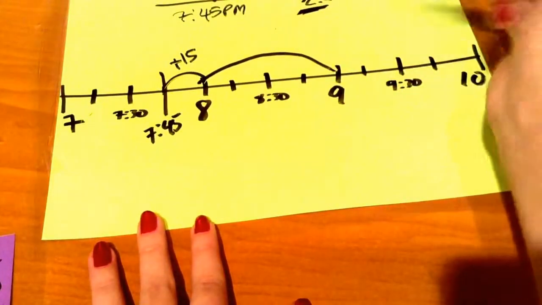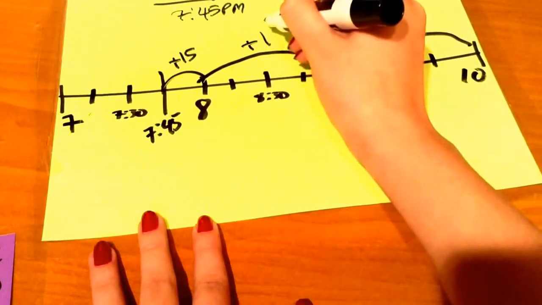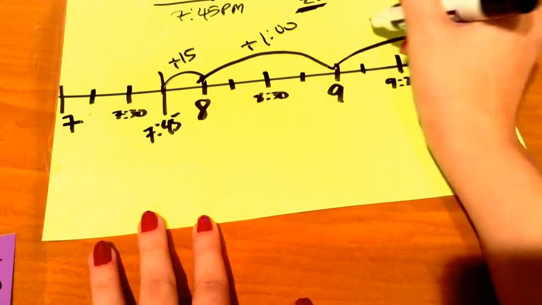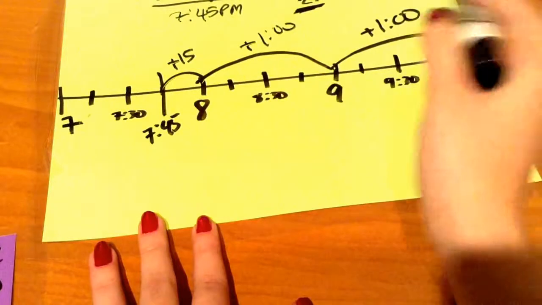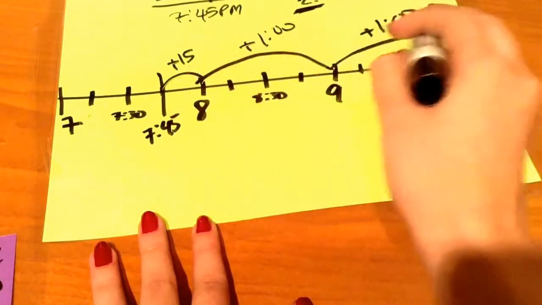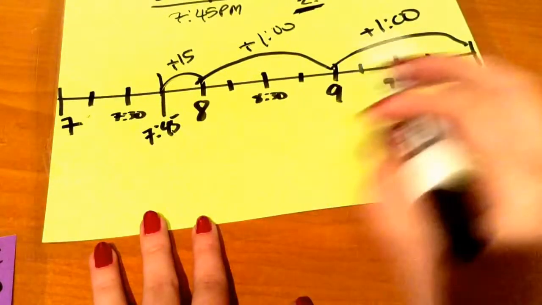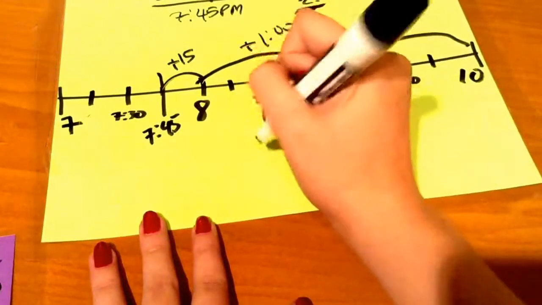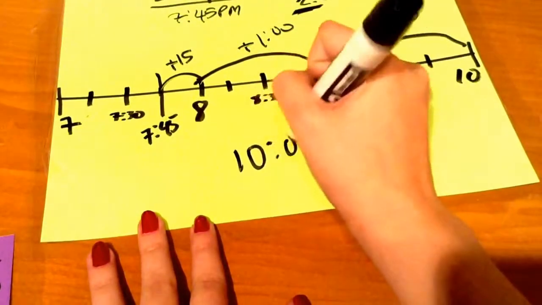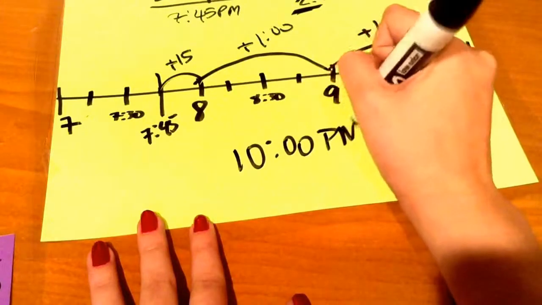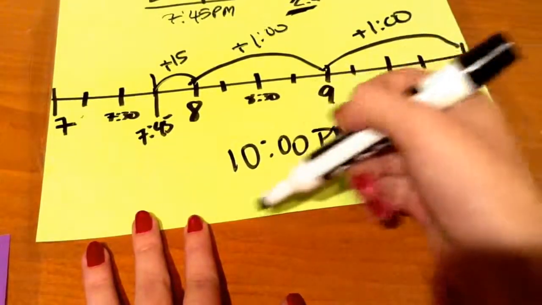Can we do that one more time? 9 to 10. Plus an hour. So you see up here, we have 2 hours and 15 minutes, the length of the movie. Since we jumped that much time, where did we end? 10. Exactly. Now would that be AM or PM? p.m. Great. So the movie ended at 10 p.m. That's when Amy and Tina left the theater.